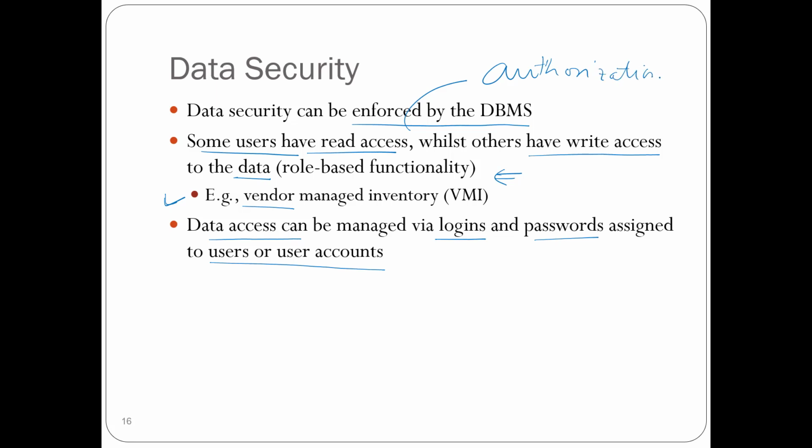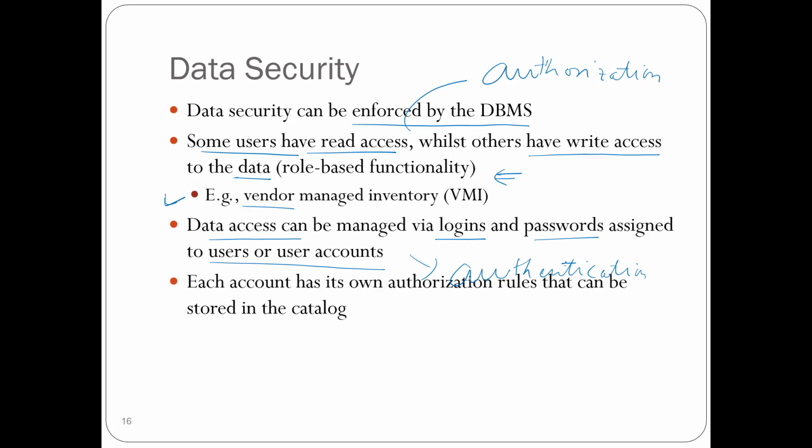Whether you are authorized to read or you are authorized to write, that's authorization. Whereas when we talk about logins and passwords, that will be authentication. So a user will be authenticated by looking at the login and the password of the user.